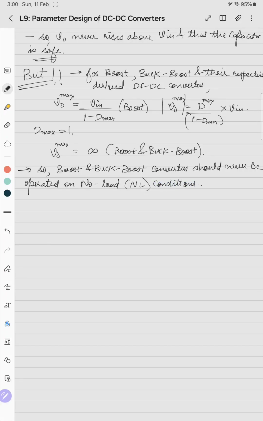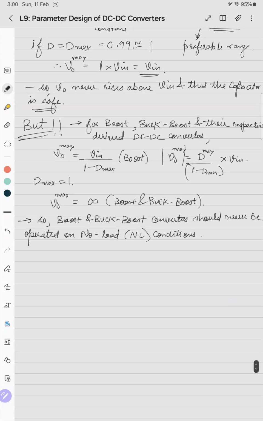This is the reason. As the amp second balance is invalid, the voltage keeps on building. The buck converter has a protection because Dmax is 1, so V0 will never cross V in. So the capacitor is safe.